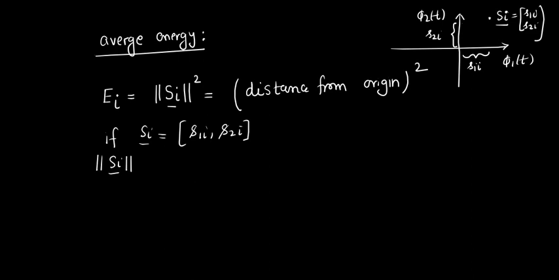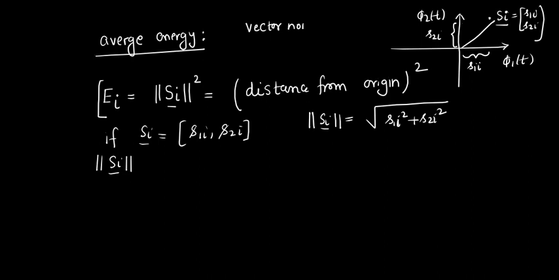So, what would be the distance? Under root this square then this, and norm of SI is defined as the S1i square plus S2i square. ठीक है? So, in some books you can also find that energy of the constellation is same as norm of SI, vector norm. This is called vector norm. And what is vector norm?